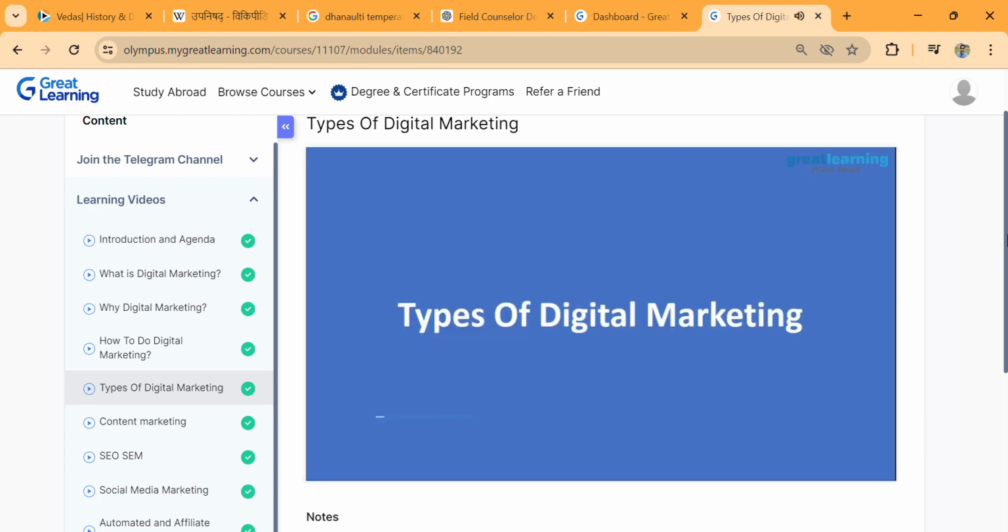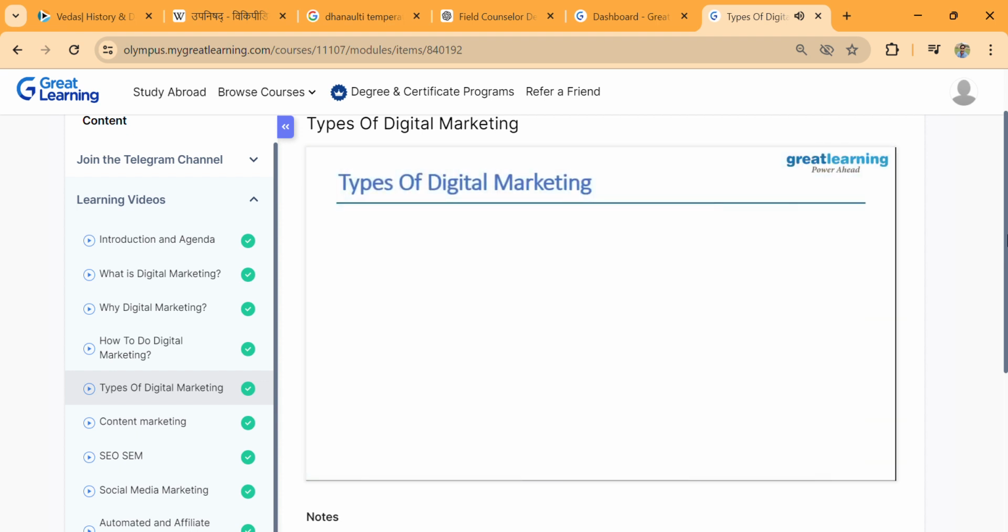Let's now go ahead and understand the different types of digital marketing and see how we can do digital marketing. There are quite a few types. First and foremost, we have content marketing, where the primary focus is on content, how content can be used effectively to market a particular product.